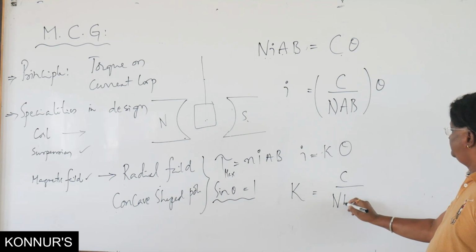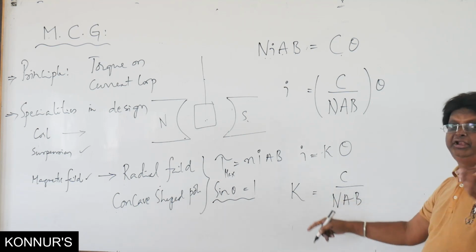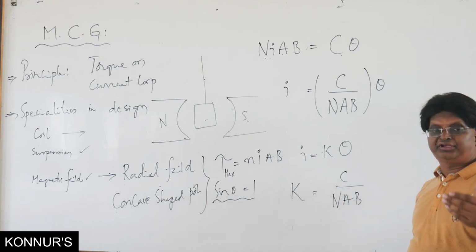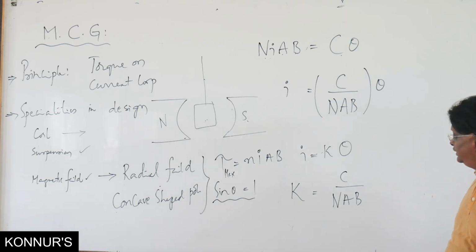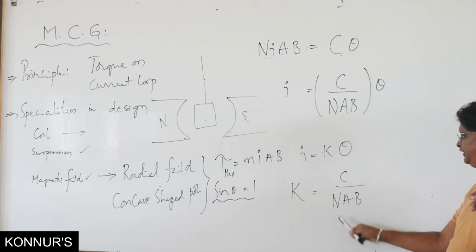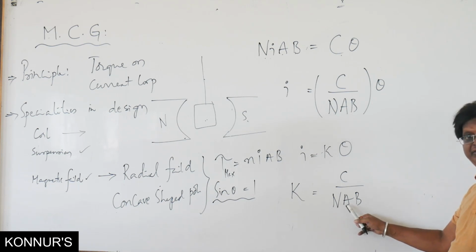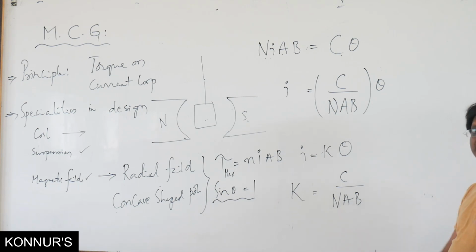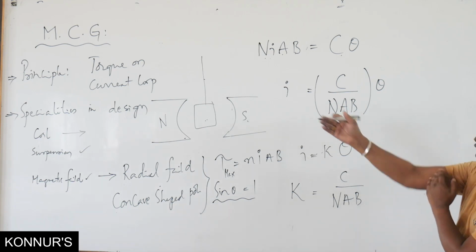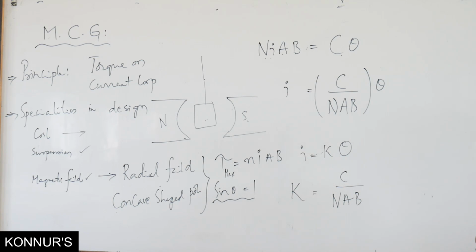Please do remember, galvanometer constant depends on the parameters; if the parameters change, the constant changes. Look here. It depends upon C, the couple per unit twist of the suspension. It depends upon the number of turns and cross section, that is size, of the coil, and B, the external induction. It depends upon all the parameters that we have shown there, right?